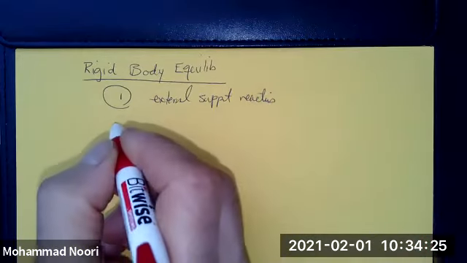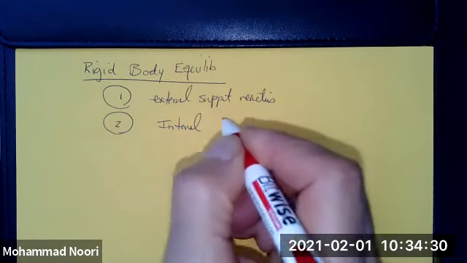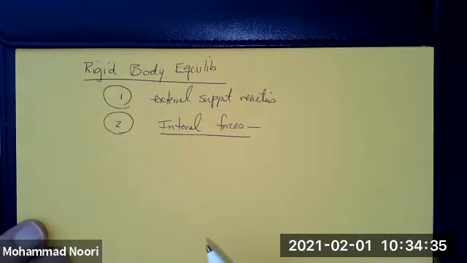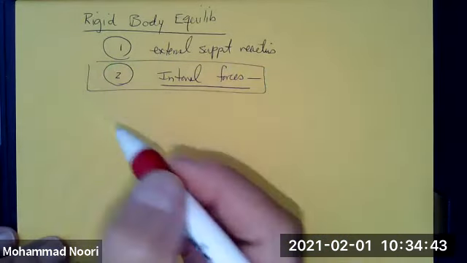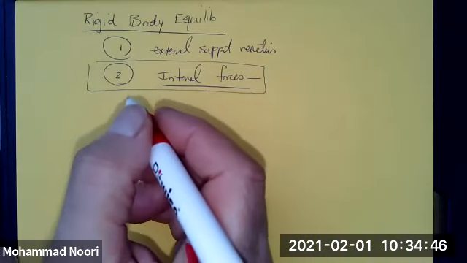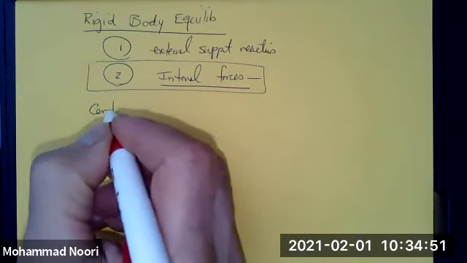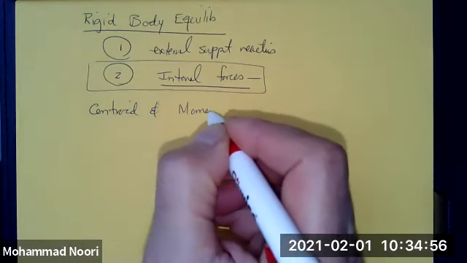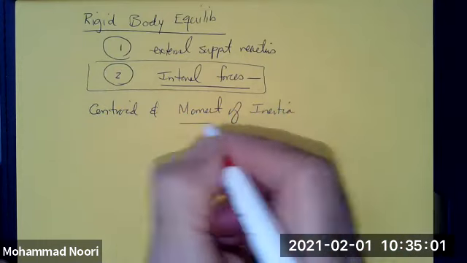So naturally, the next step is to find internal forces. However, in all statics books, instead of naturally going to the next step, we take a detour and introduce the concept of centroid and moment of inertia, or the second moment of an area.